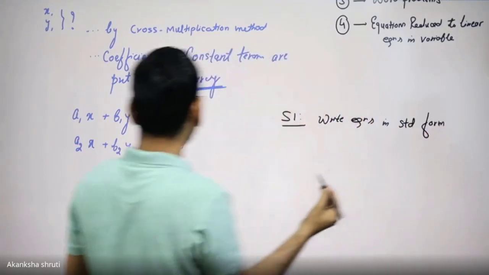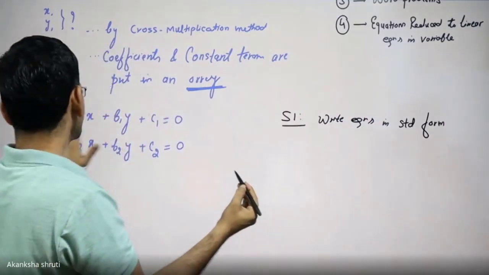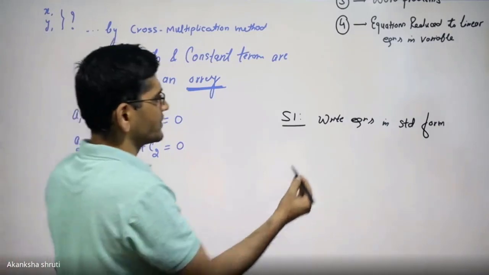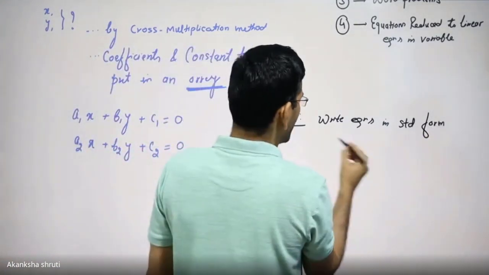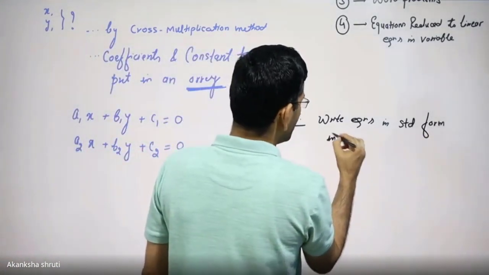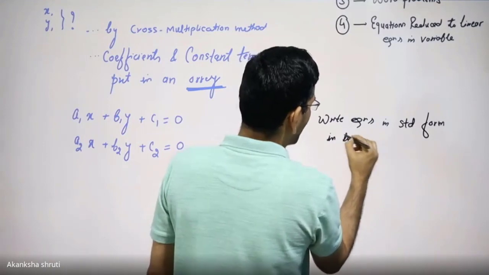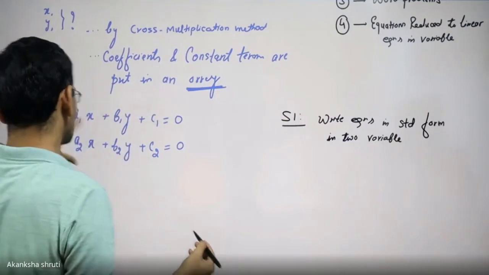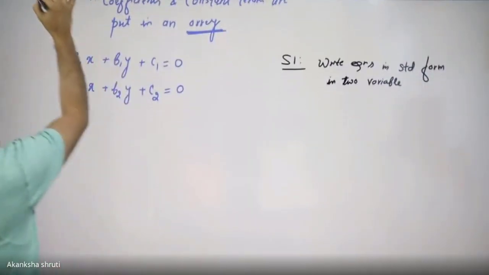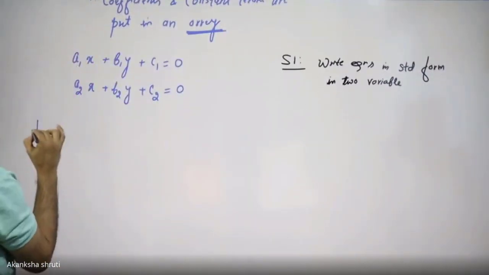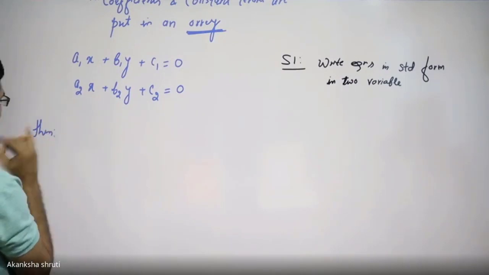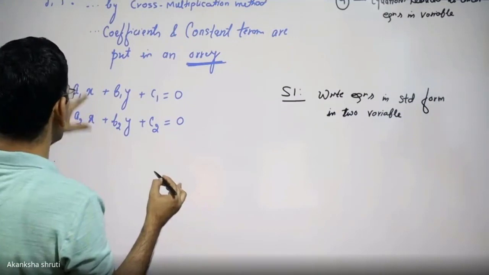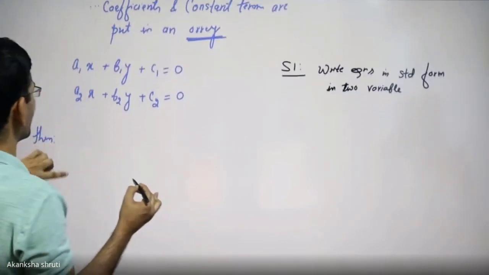Standard form means all the coefficients and constant terms should be on the left hand side. Whatever equation is given, we will write it in this standard form. After writing this, the array or arrangement which can give the values of x and y is very simple.